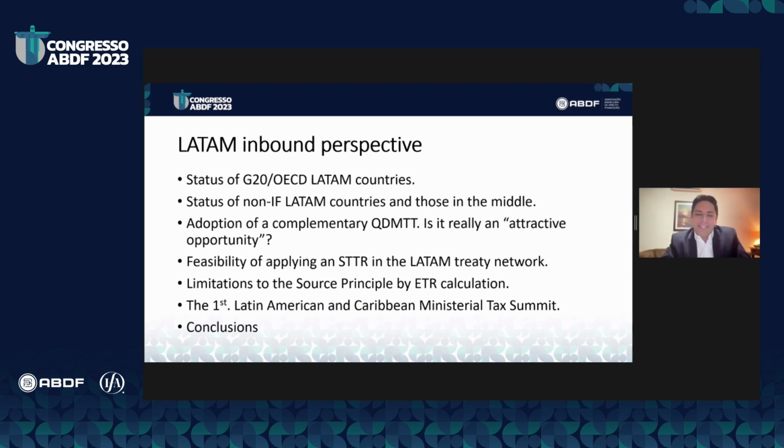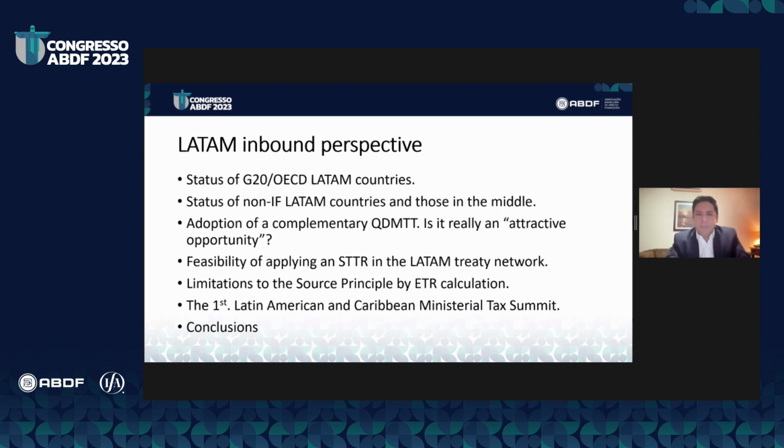What I'm going to present here is more focused on the inbound perspective of LATAM, because we can see both sides, but this presentation is just inbound for the countries, and I will also address the corresponding limitations of the source principle caused by ETR calculation and the QDMTT.